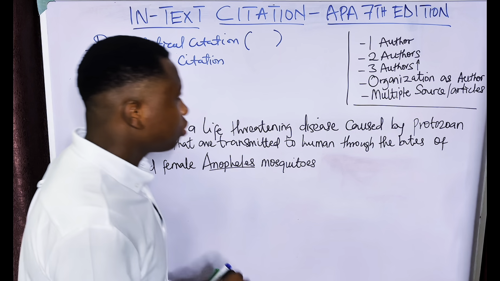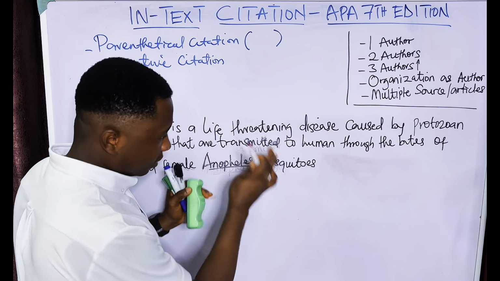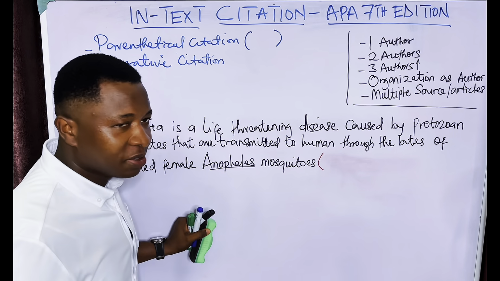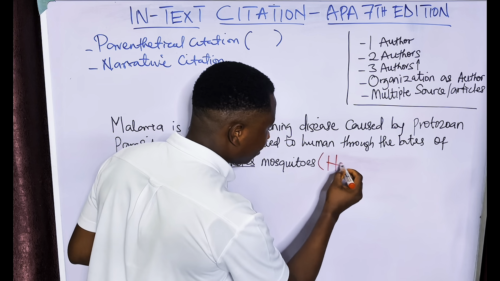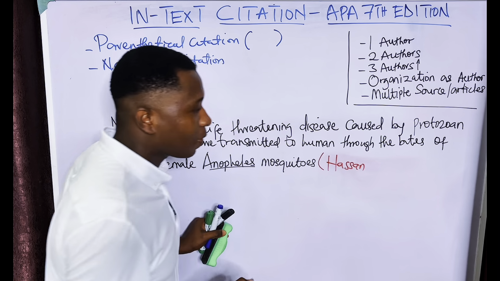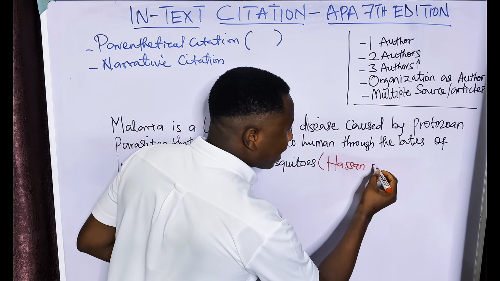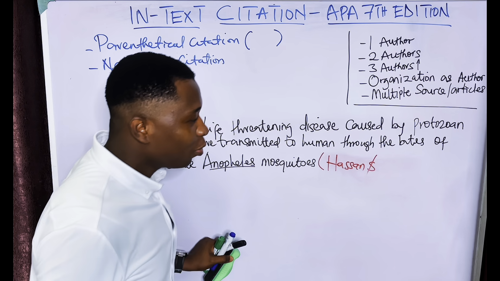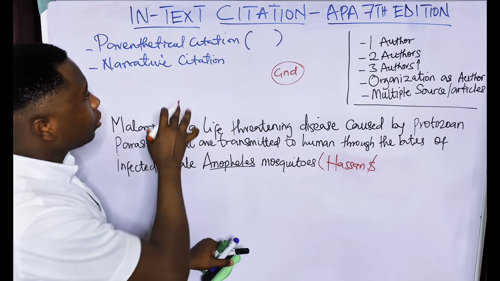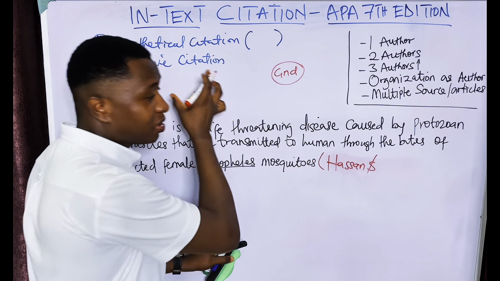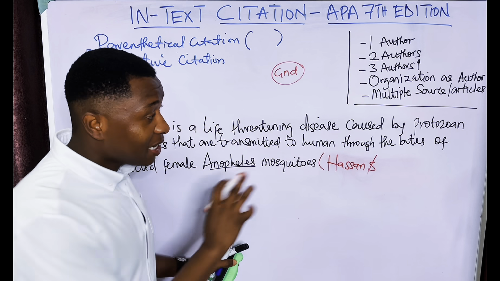Now, how do you cite two authors using the APA 7th edition? Let's assume that this is the text. You have your parentheses. The first author's name, let's assume it's Hassan. The second author's name comes after an ampersand sign. We don't use the word "and" when using the parenthetical method of citation; we use the ampersand sign.